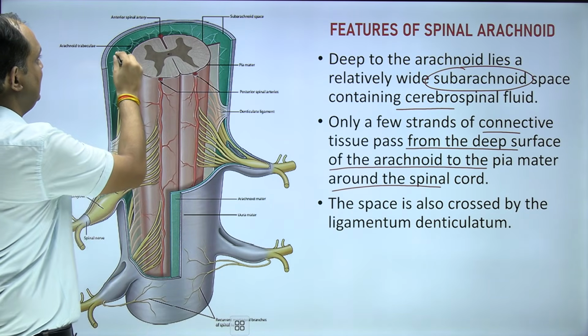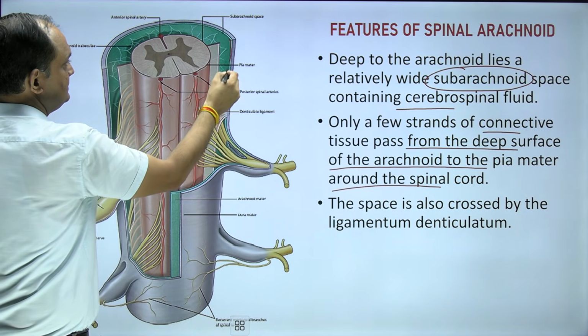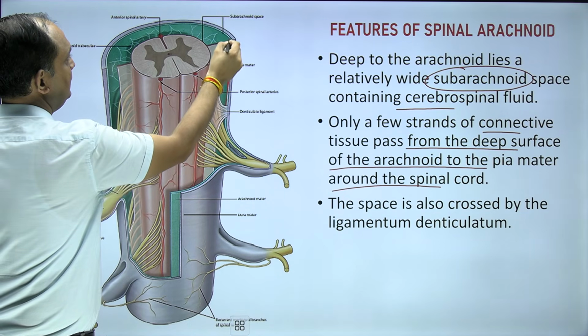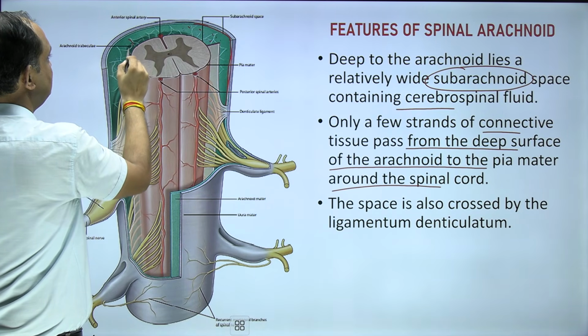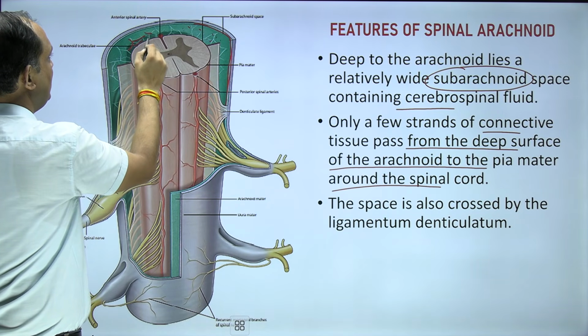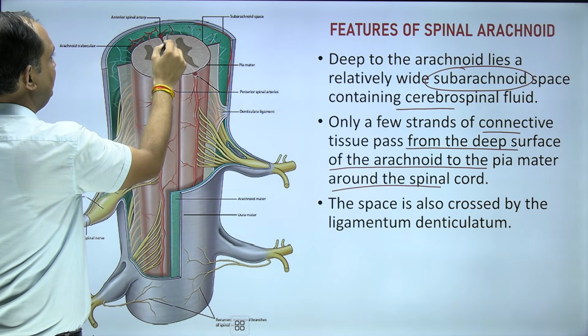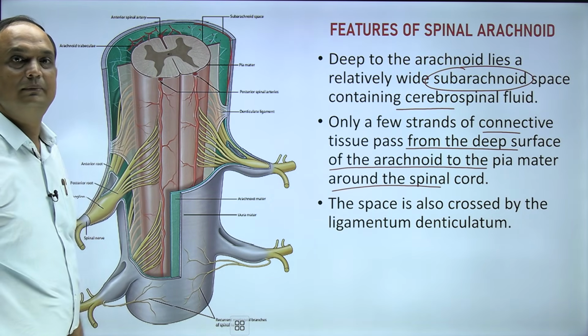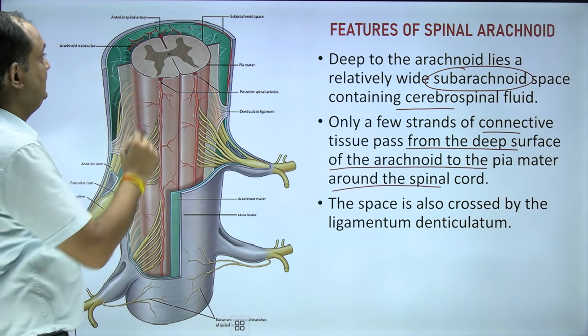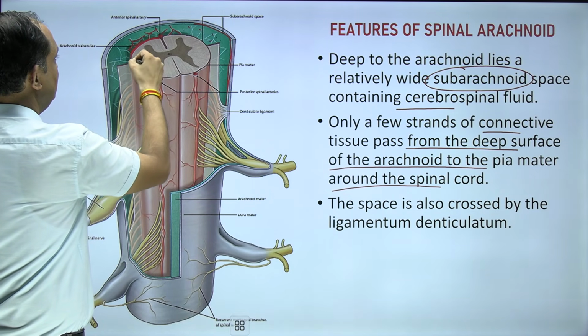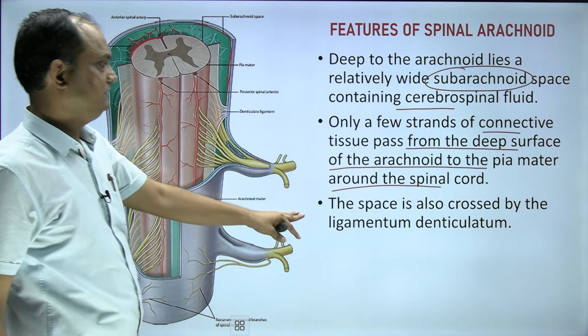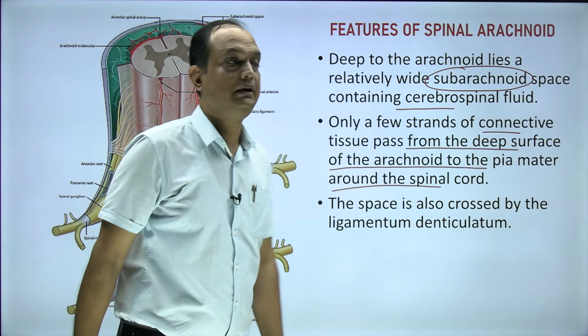Now here you can see that this area is arachnoid, and deep to that this is the subarachnoid space, and in this space you are able to see these fine threads. These fine threads are passing through the subarachnoid CSF and approaching the outer layer of this area, which is the pia mater.